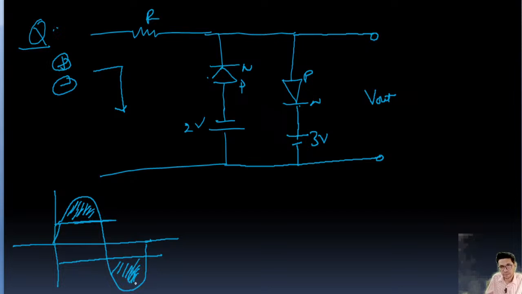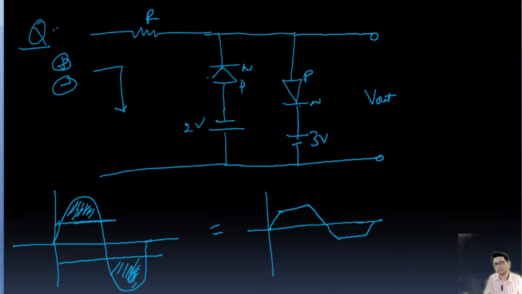We have clipped this part, which means the output graph is going to be like this. So clipped graph, right? 2 volt means this. This is 3 volt, and this is 2 volt. So this will be the graph.